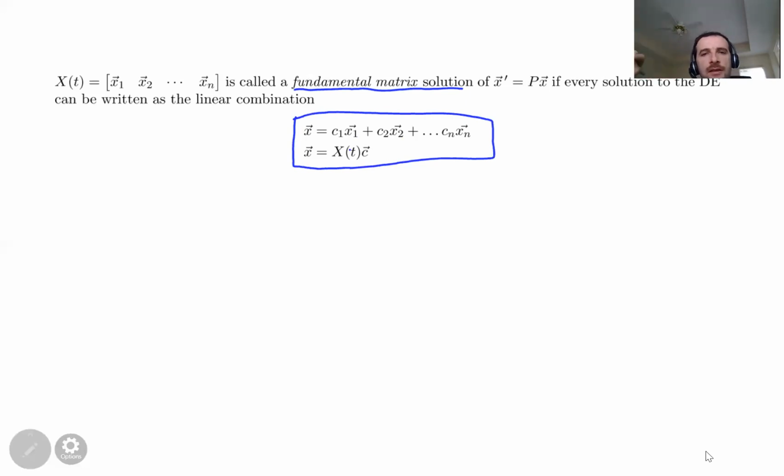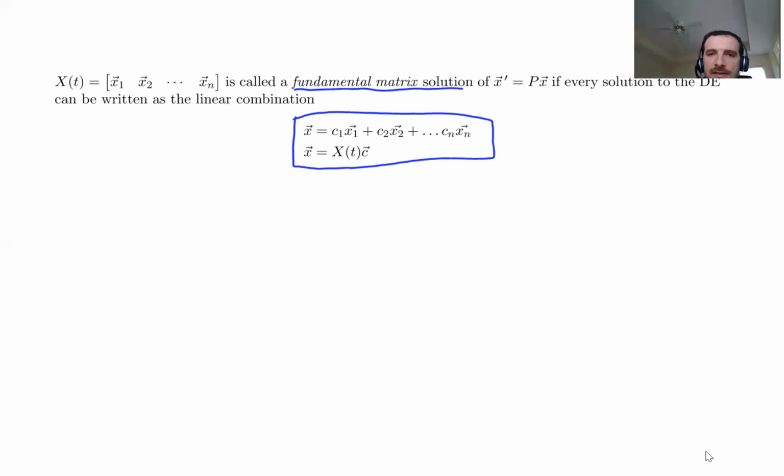We call that matrix a fundamental matrix solution if every solution to this system can be written as a linear combination of these vectors, okay? And we can also show this linear combination using matrix notation this time, okay? So this fundamental matrix solution has a set of solutions, but it has one more special thing, that every solution to that system can be written as a linear combination of the elements of that set, okay? So we call that matrix then the fundamental matrix solution.